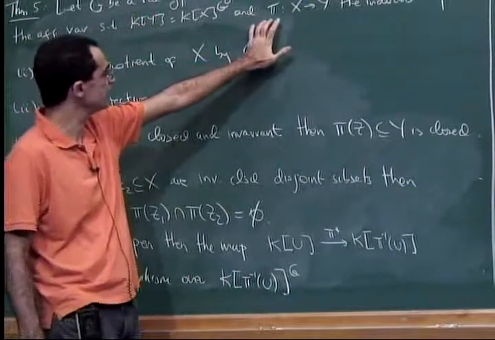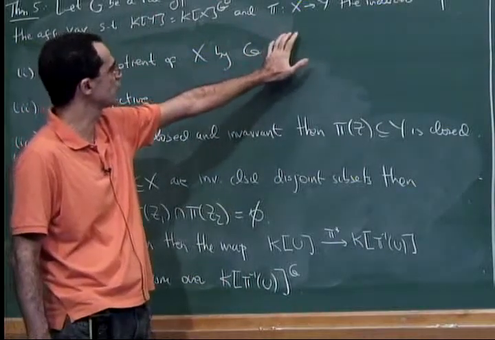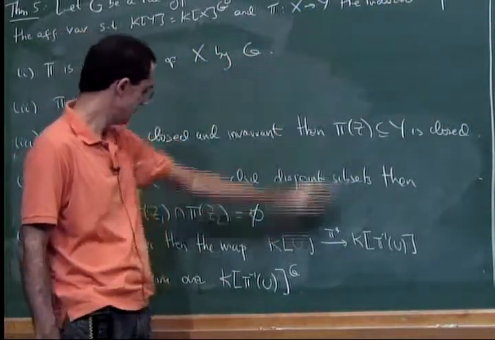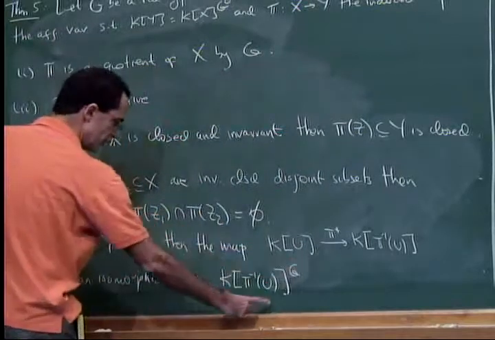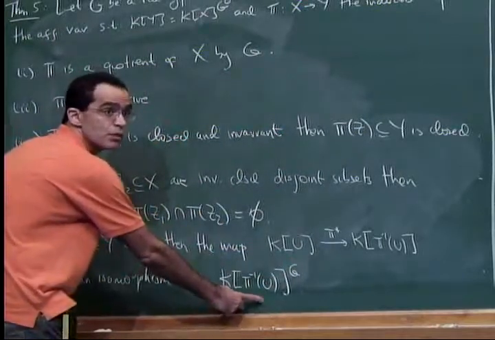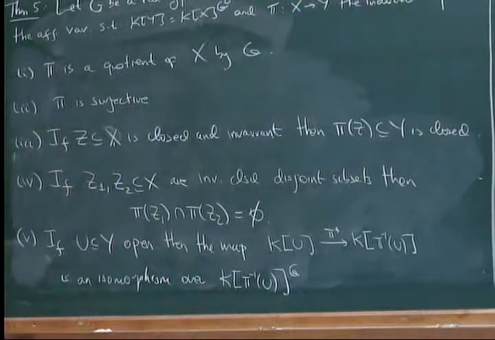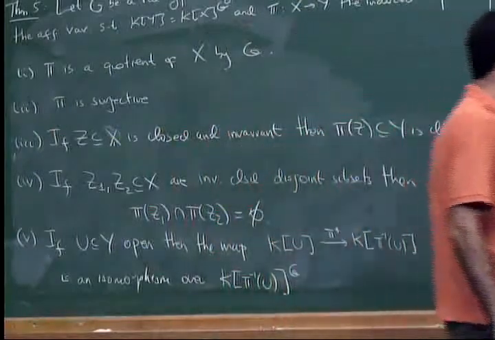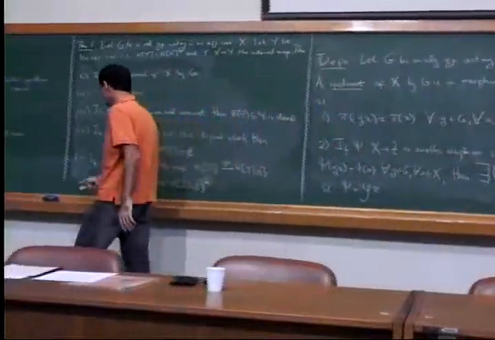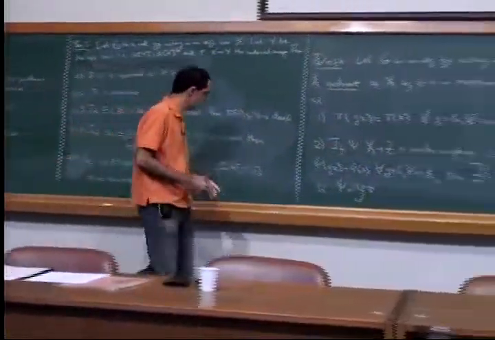Because if you pick pi, then you have the induced map from pi minus 1 of U to U, right? And the ring of functions of U is the ring of invariants. So it's a quotient. So that says that this quotient here is also locally over the base a quotient. If you restrict to an open set, then what you get is, again, a quotient map, which is something that you don't get at all from this categorical definition. So it's a good quotient.